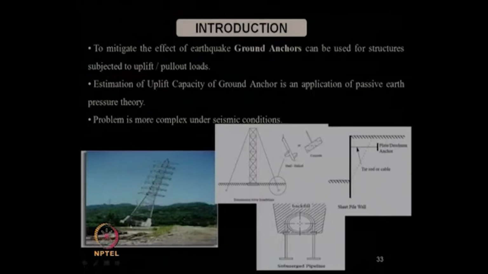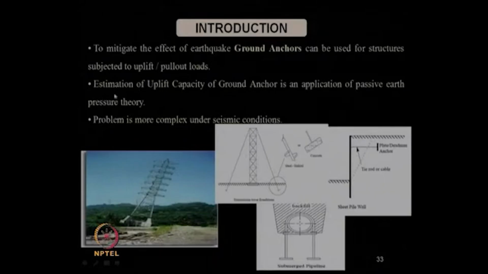So, to protect the foundation against those pull out uplift loads, we provide ground anchors, so that it remains in its place. That is why these anchors need to be designed properly, so that they can withstand the pull out load, including the uplift coming from the earthquake forces.